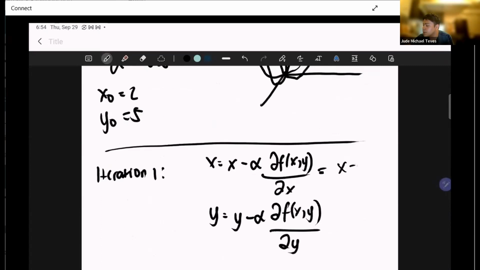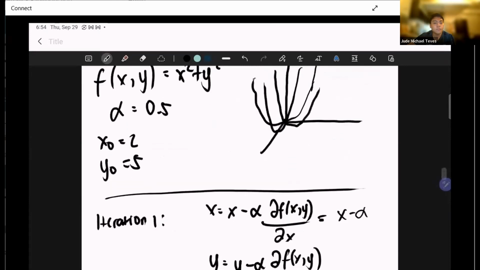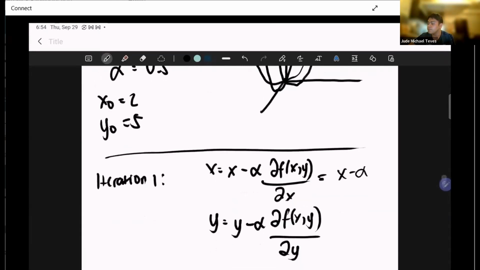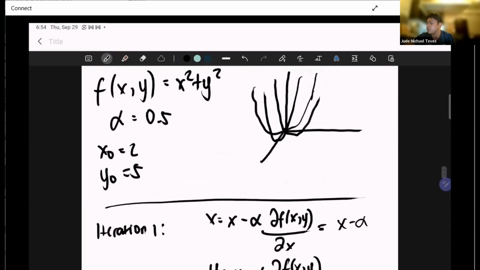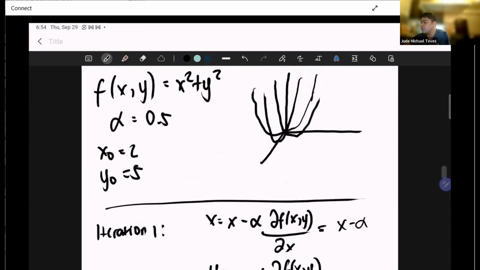Based on this example, what's the derivative of f with respect to x? Math people.